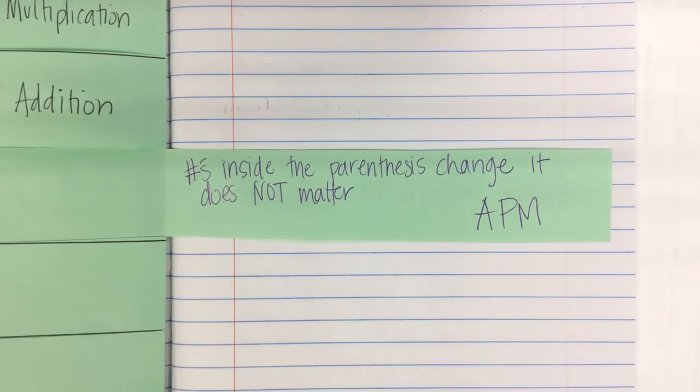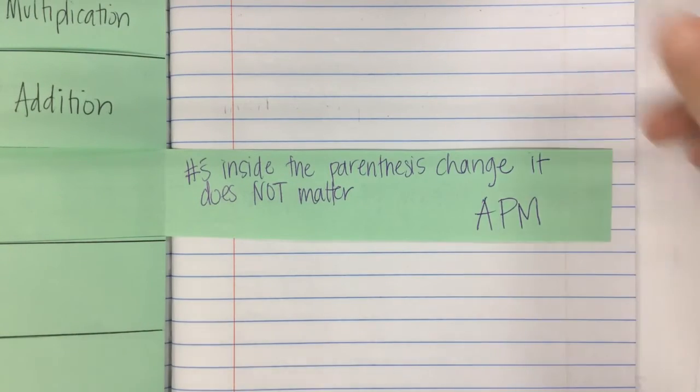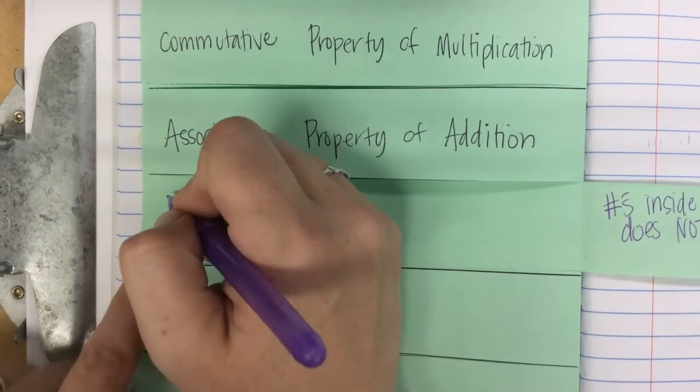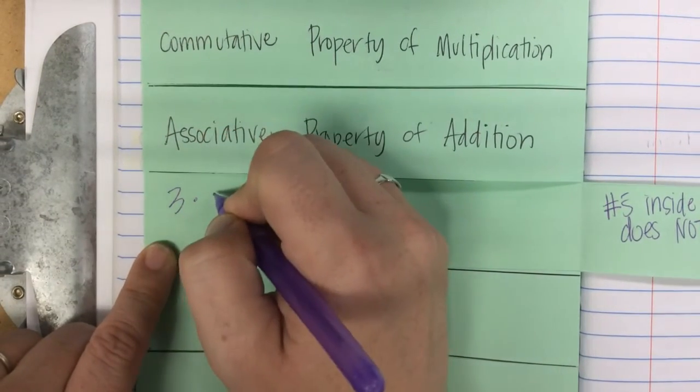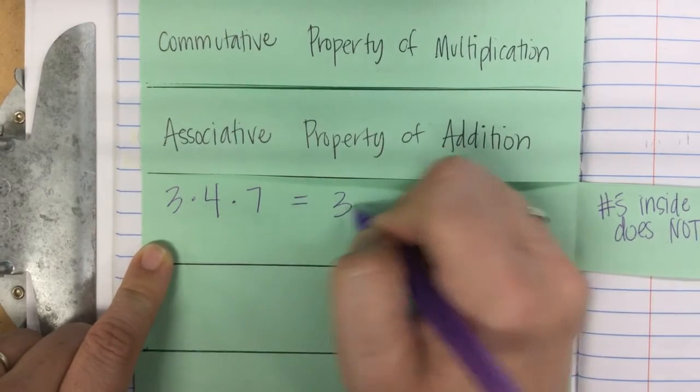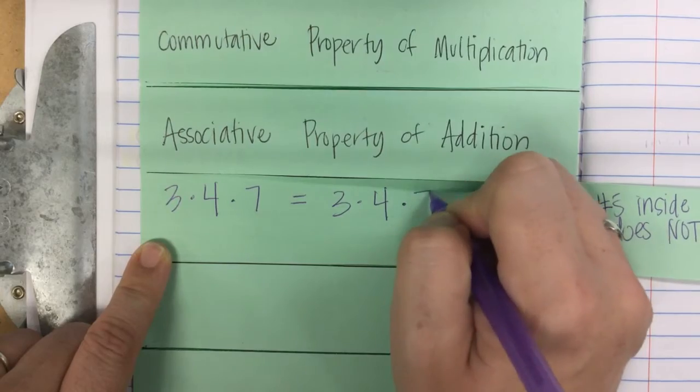The numbers inside the parentheses change. It doesn't matter as long as it's only multiplication. So let's look at an example. 3 times 4 times 7.